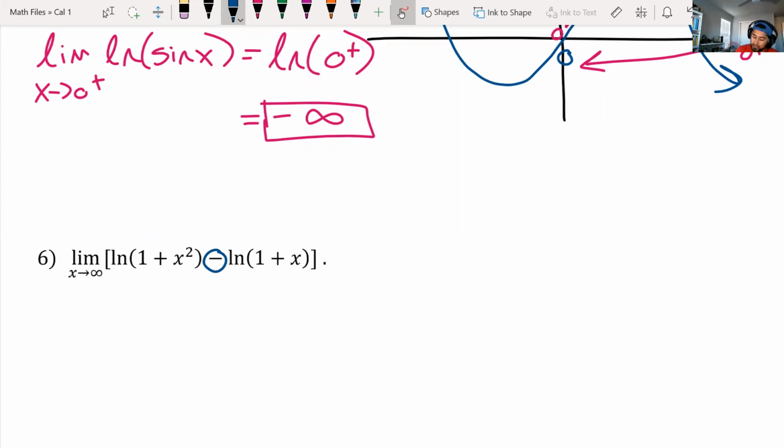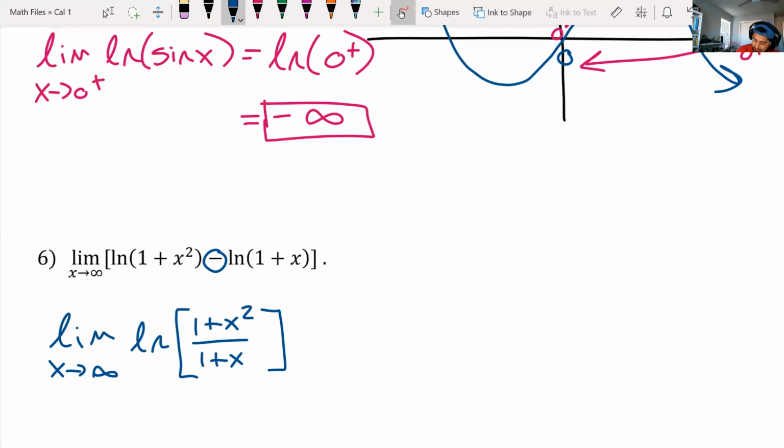So what would be another way to rewrite this? Division. Good. So you would get the limit of the natural log of what? Is it 1 plus x squared over 1 plus x? That's it.